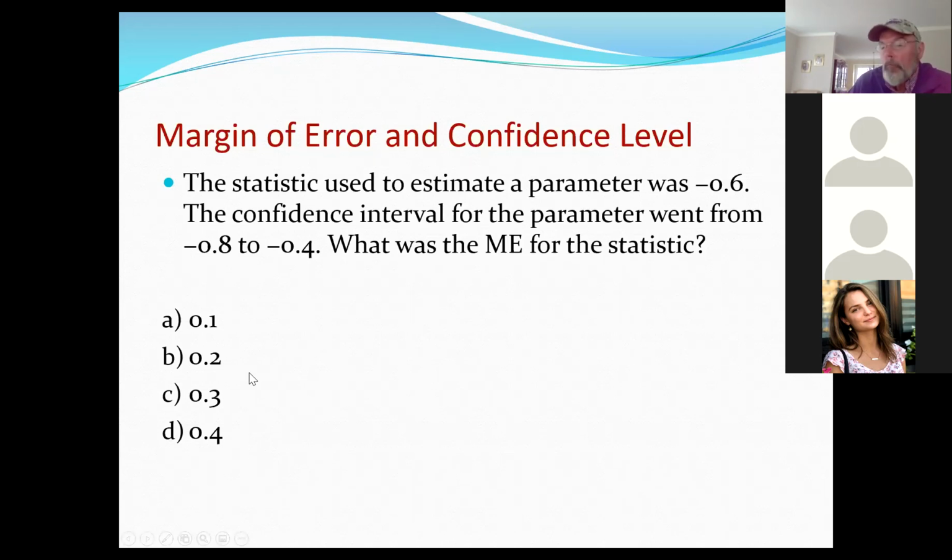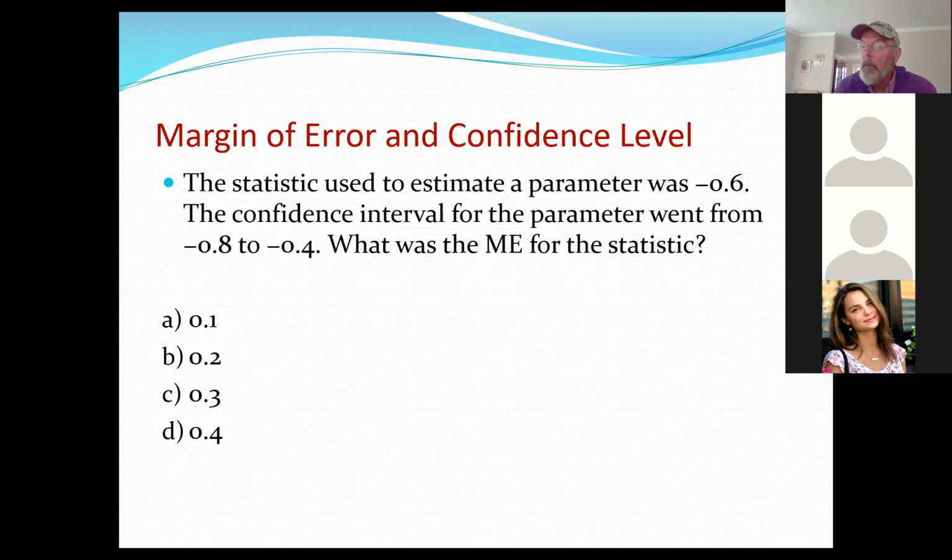I feel like it's this one, D. Go ahead, Sarah. I was going to say it's D because it went from negative 0.8 to negative 0.4, but that's just an educated guess. Well, okay, that's a very good educated guess. So in our way of thinking about this, we take the estimate plus or minus the margin of error. Sarah, let's have a little discussion there.